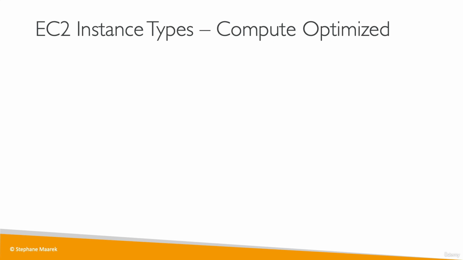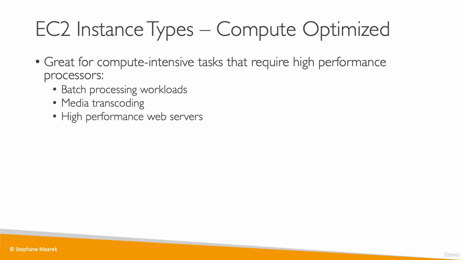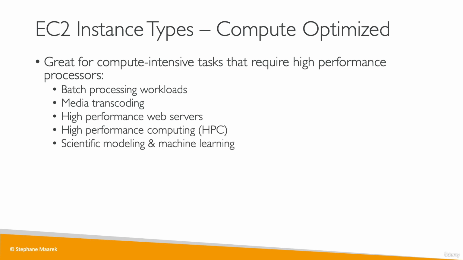Then we have compute optimized. These are instances optimized for compute intensive tasks. What requires a high level of processor? For example, batch processing data, media transcoding, high performance web servers, high performance computing, called HPC, machine learning, or a dedicated gaming server.